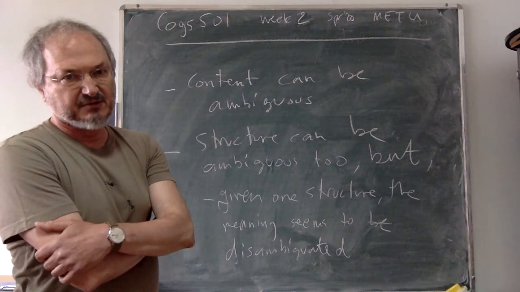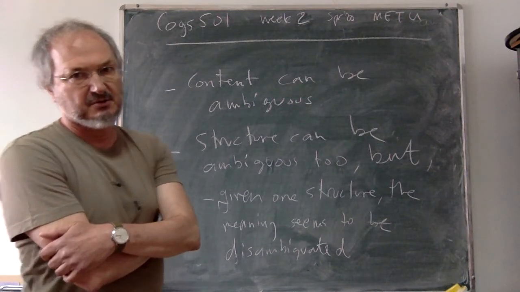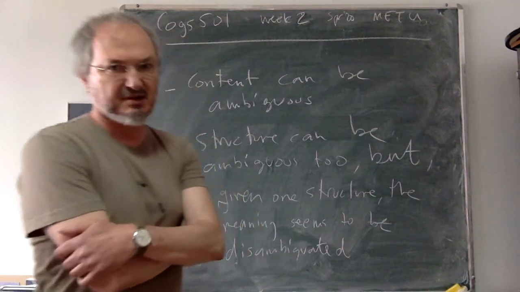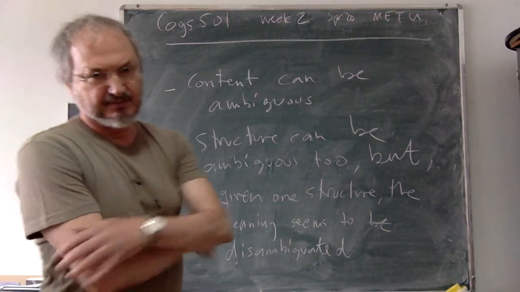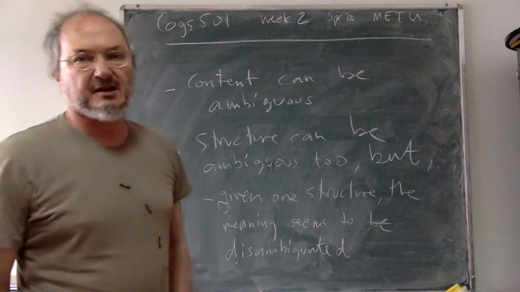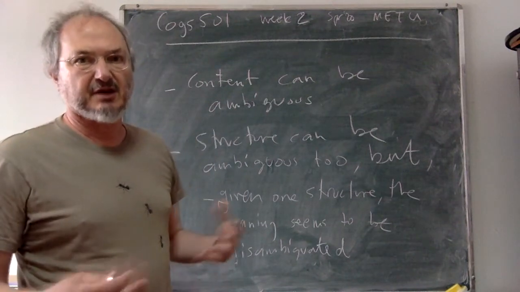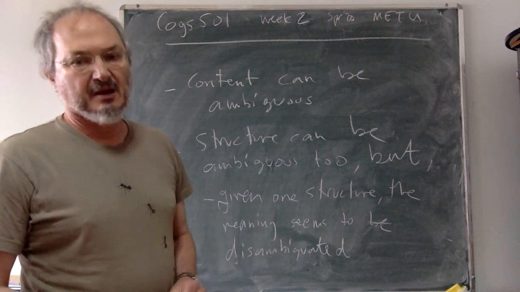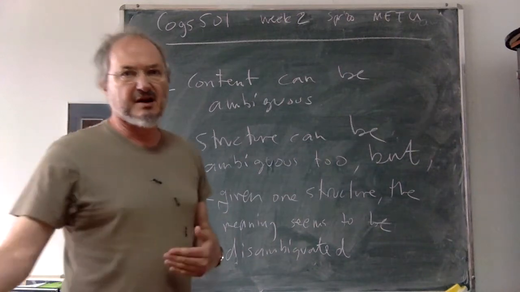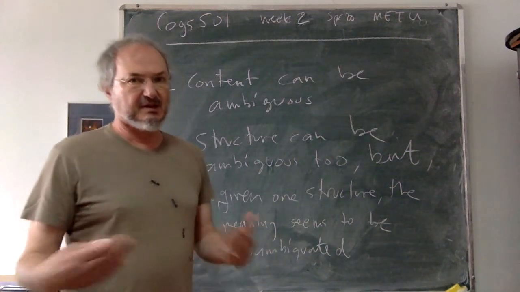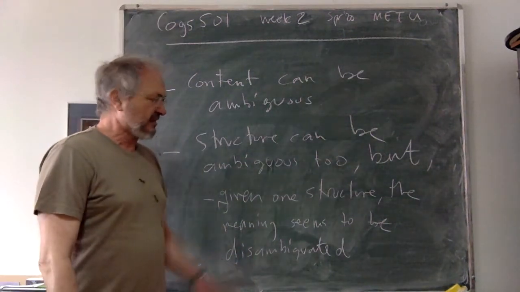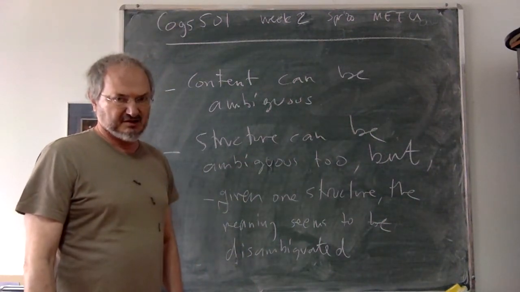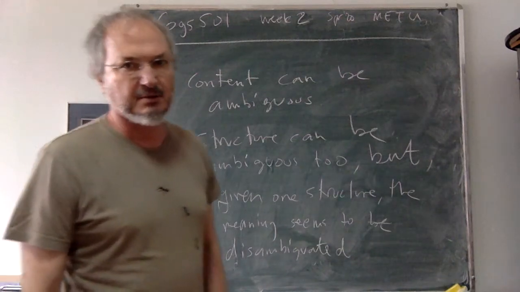I'll give you an example: I saw the man with the telescope. Depending on who has the telescope, this could mean different things. Given one interpretation, if I have the telescope and the man doesn't, then you got one interpretation. Given the other interpretation, that the man has a telescope and I don't, there's another interpretation. But given the structure, it seems like the meaning of the structure is disambiguated somehow.